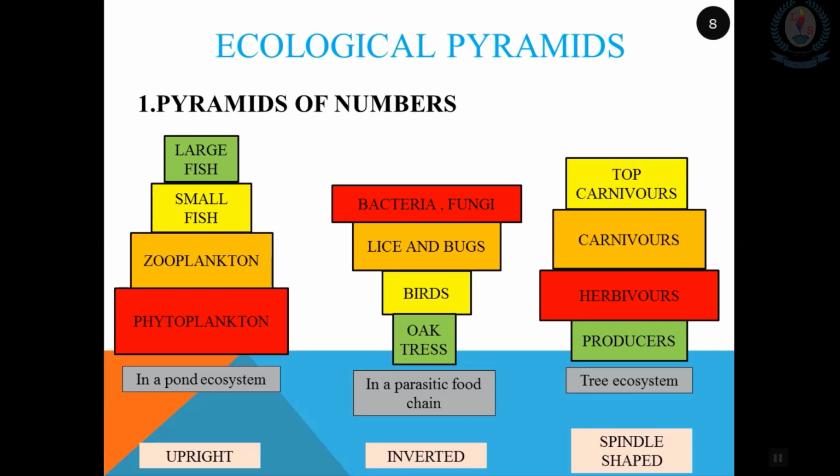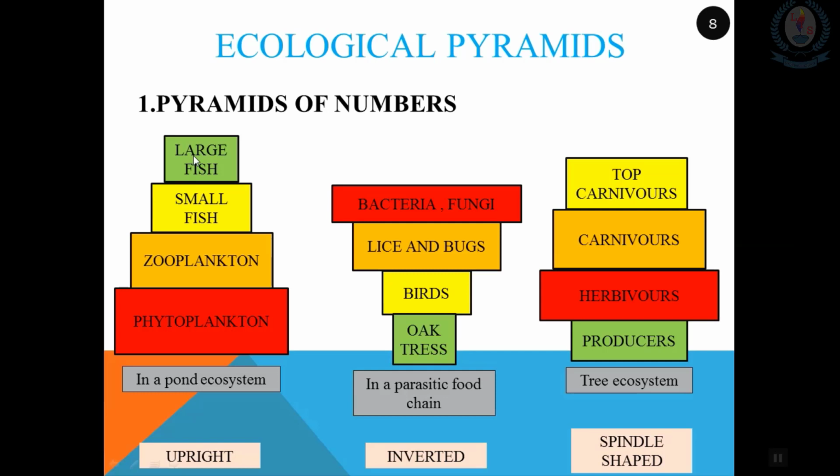Consider a food chain in a pond ecosystem like this. The producers are phytoplanktons. The primary consumers are zooplanktons. Then come small fish and large fish.